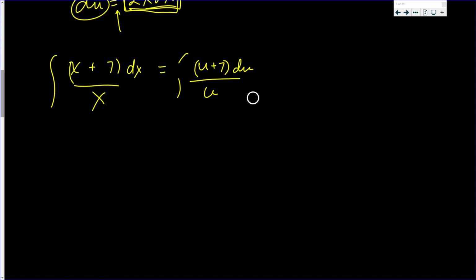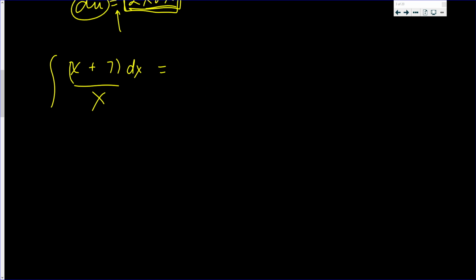So what do you do here? Well, it's customary when you have the top and the bottom being polynomials, and the degree of the top is either larger than the degree of the bottom, or equal to it, you should do the long division.